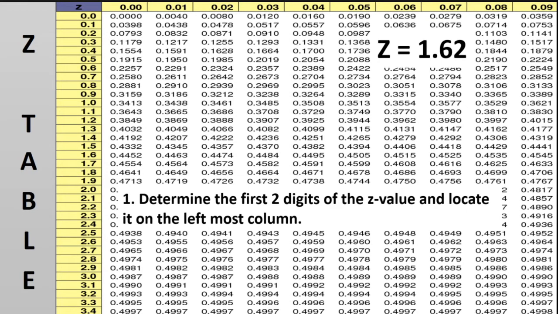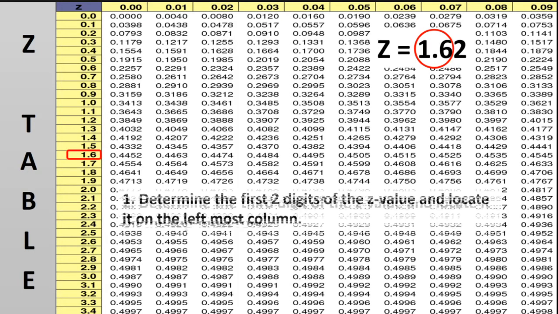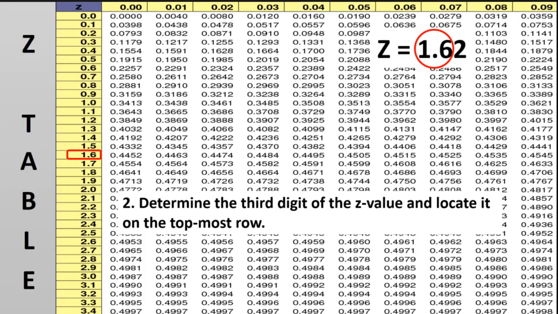In our given, the two digits are 1 and 6, and it is located here. The second step is to determine the third digit of the z-value and locate it on the topmost row. So, we have 2 for the third digit, and it's right here.